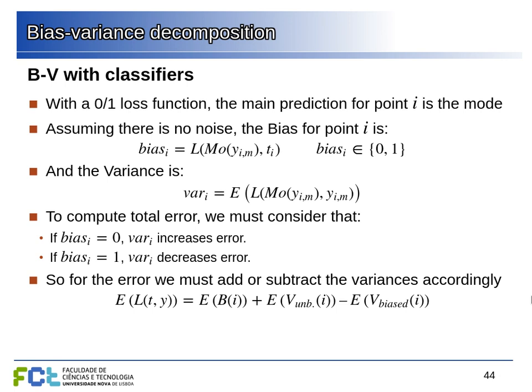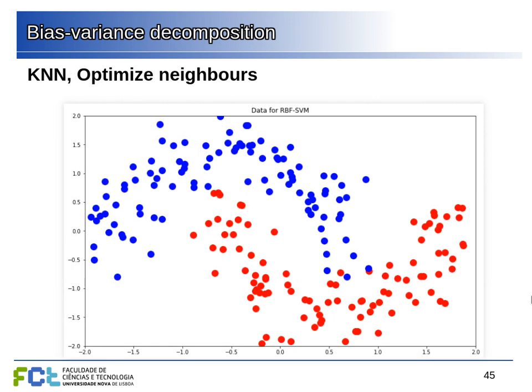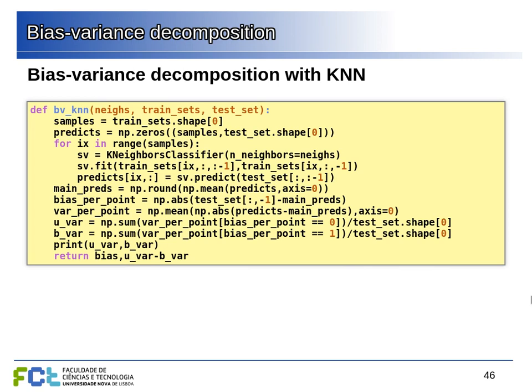So let's see an example with k nearest neighbors. We want to optimize the number of neighbors, and we're going to decompose into bias and variance. So again, we obtain a set of samples from bootstrapping. So we have a set of training sets that mimic what would happen if we could resample from the universe and get new data.